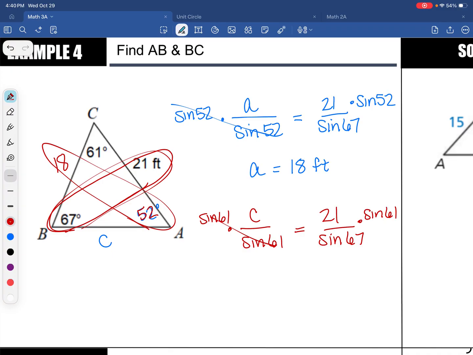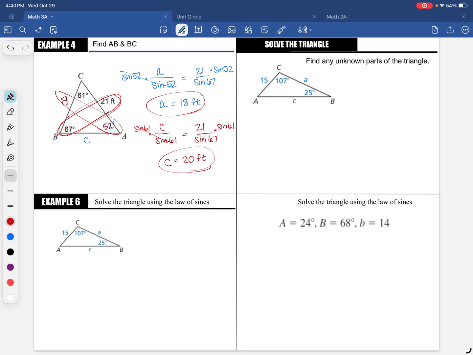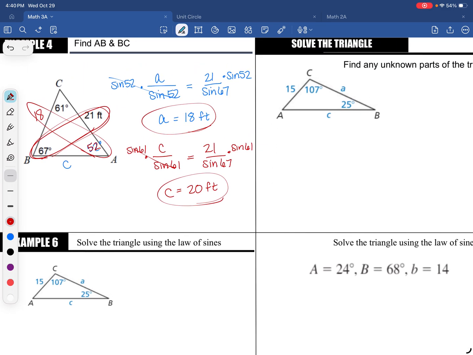That gives me a side of 19.95. So we're just going to call that 20 feet. Okay, and then that's it. So we found side A and side C. And then we are good. Okay, as I was looking at this ahead of time, I noticed that these two problems are the same.